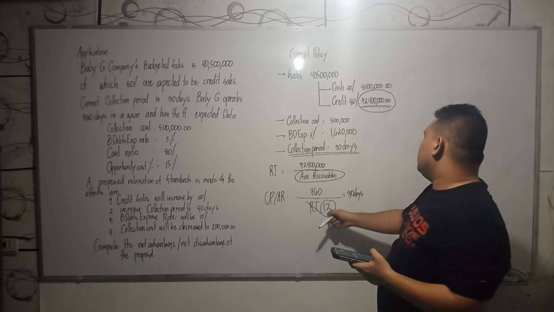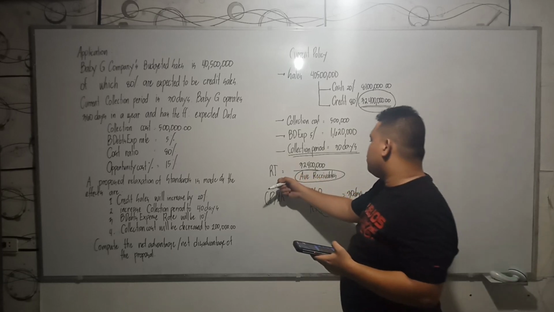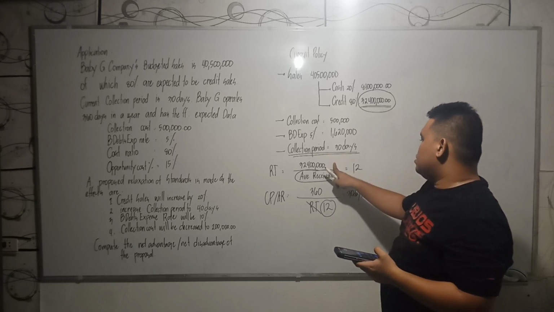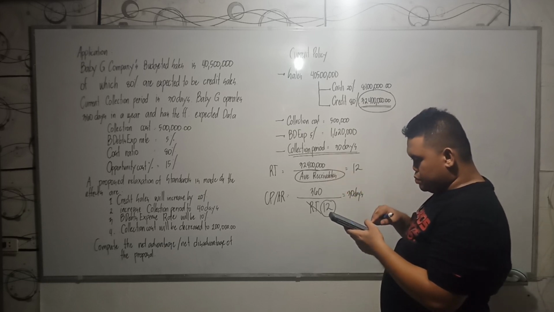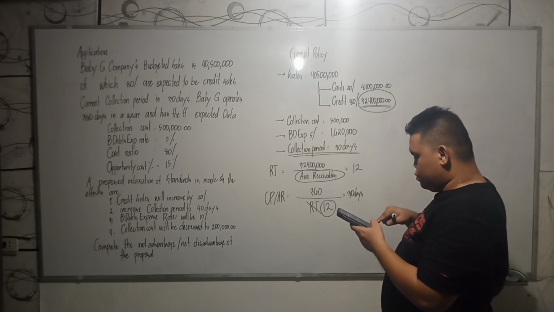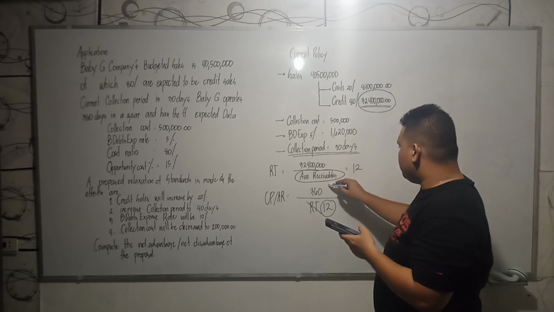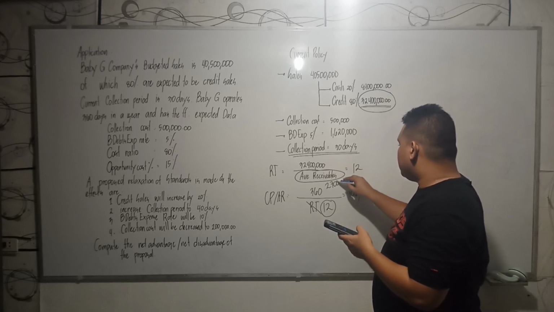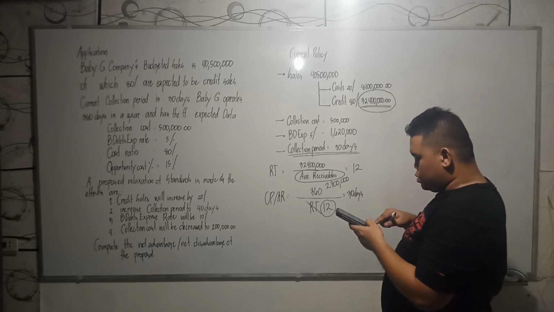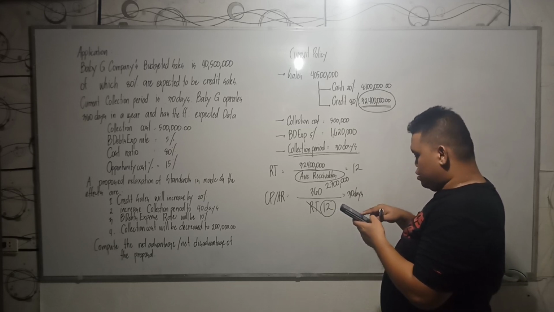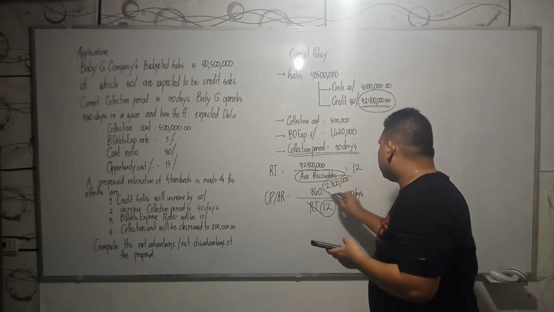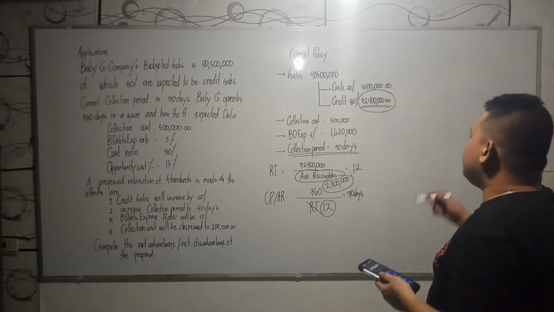So meaning, the receivable turnover is also 12. And you do the same in order to get the average receivables: 32,400,000 divided by 12, the receivable turnover, we have 2.7 million. So in the current policy, we have 2.7 million.